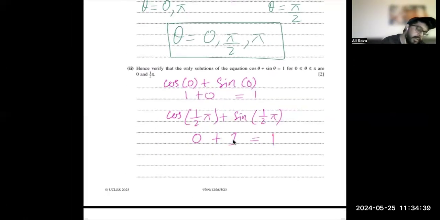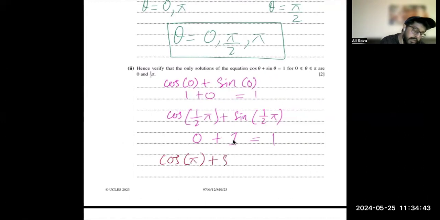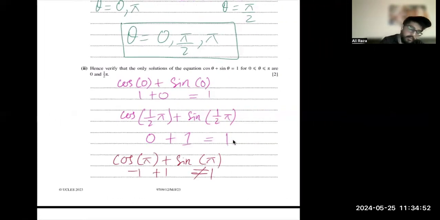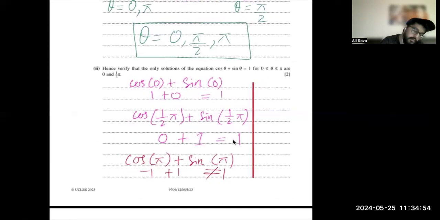But when we plug in pi in this, we'll get cos pi plus sin pi. This would be minus 1 plus 0, which does not equal 1. Hence, 0 and pi over 2 are the only two solutions.